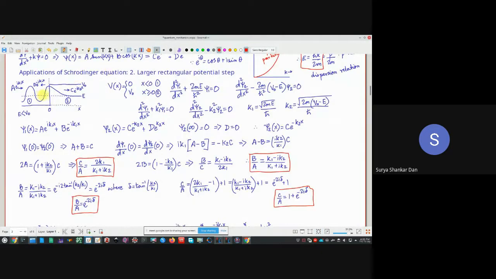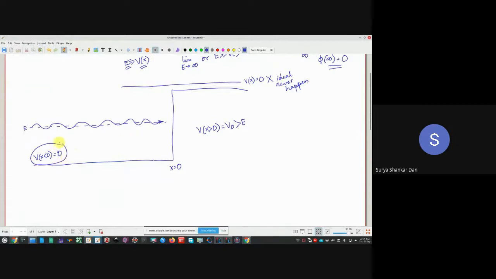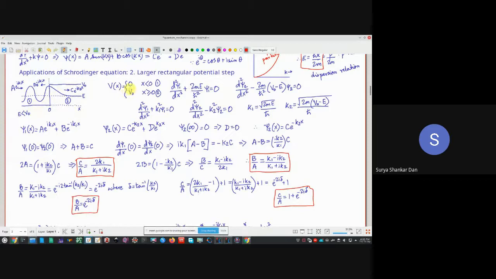So this is the situation when V(x) is 0, when x is less than 0. The same thing which I wrote here, basically. Okay, so V(x) is equal to 0 when x is less than 0. V(x) is equal to V0 when x is greater than or equal to 0. The important thing is this: E is less than V0. That is the reason why we are calling it a rectangular potential step.